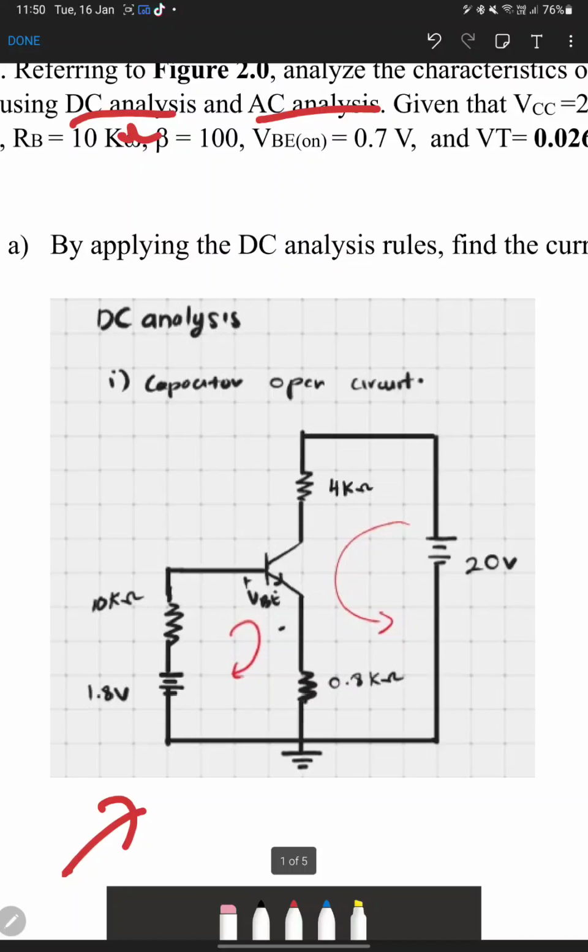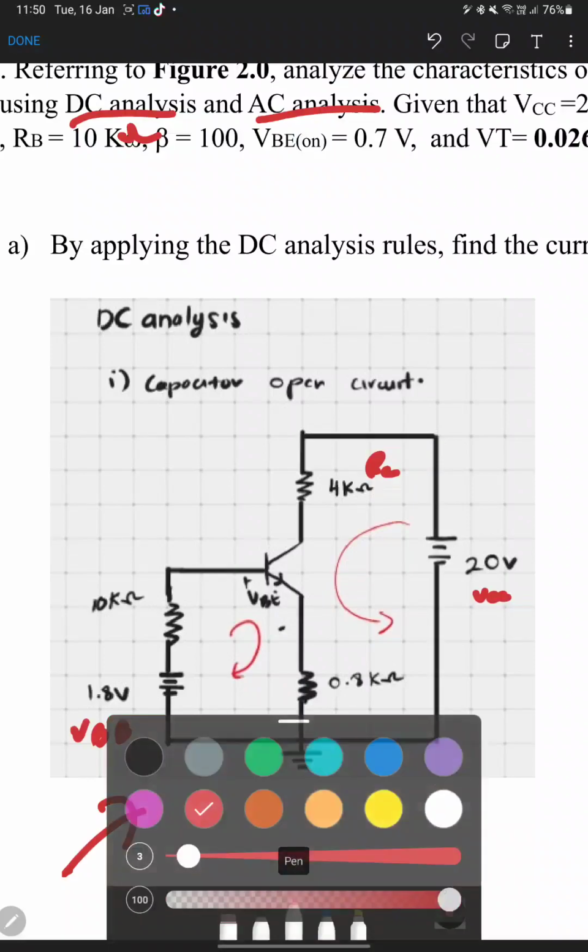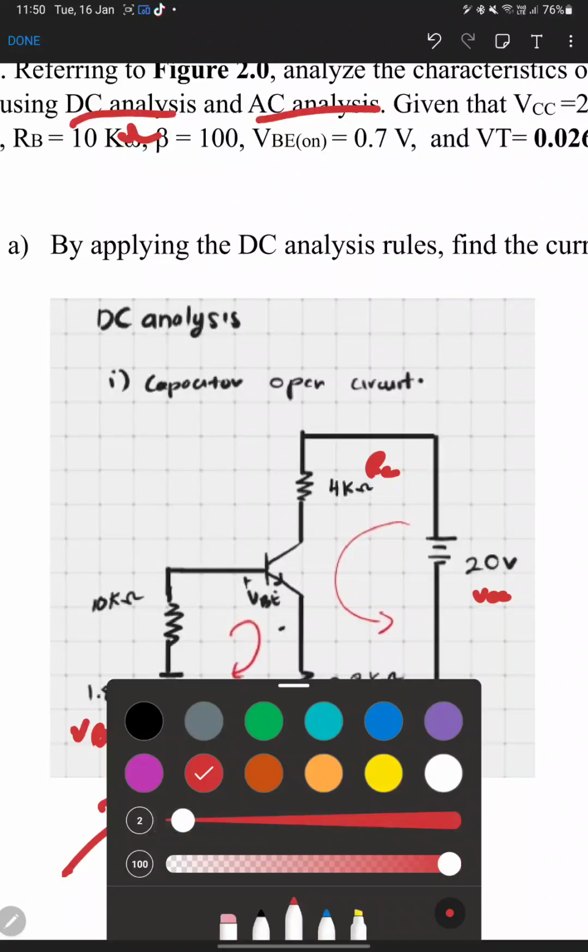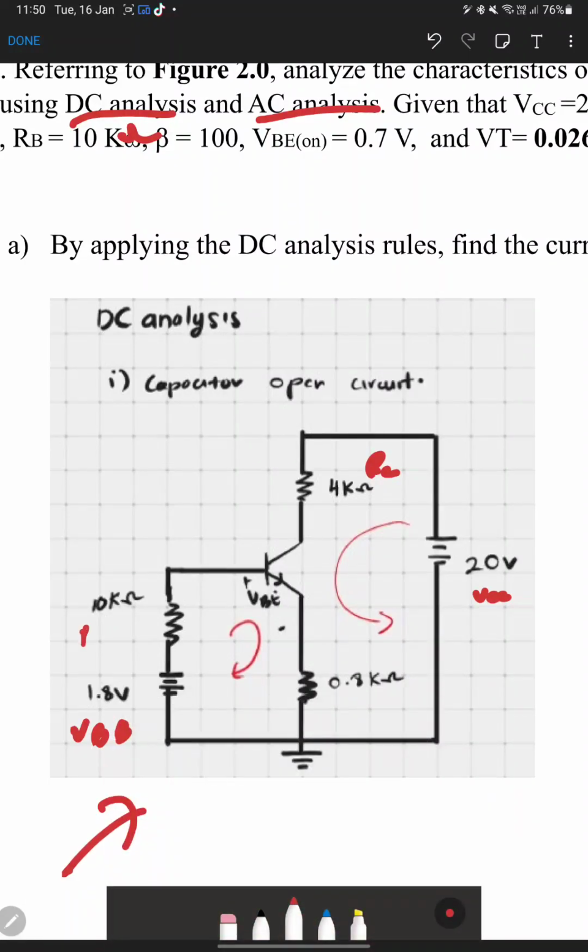Okay, we have VCC, we have VBB, and then we have RC, we have RB here, and RE.